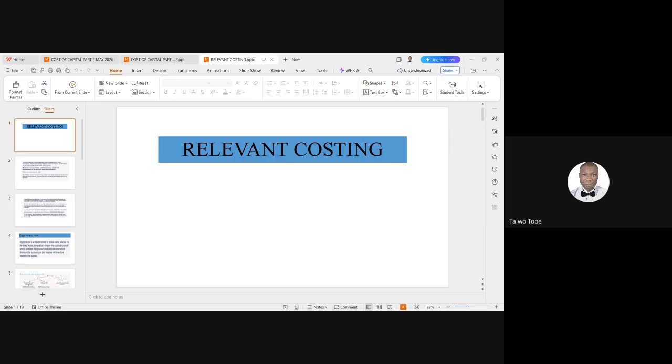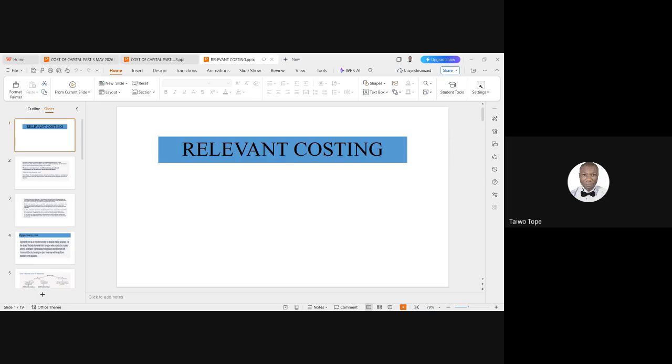Now, when you see some of these issues in a question, for example, past cost such as sunk cost, this form of cost is to be ignored. They can include some cost in a question. It is not relevant. You ignore it.